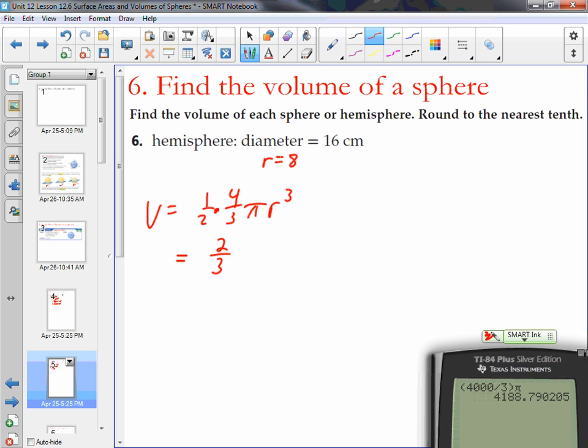I mean, isn't half of 4/3 2/3? So I did not write this out as a new formula for you to memorize. I think you can figure it out when you need to. So 2/3 times pi times 8 cubed.